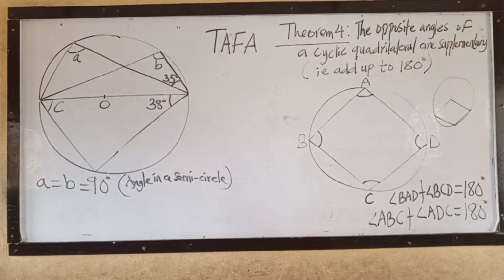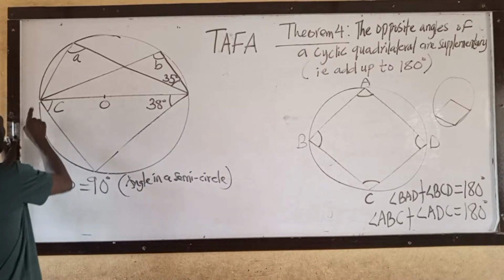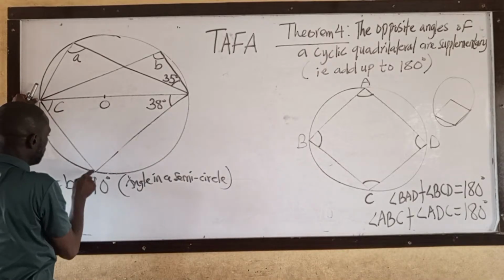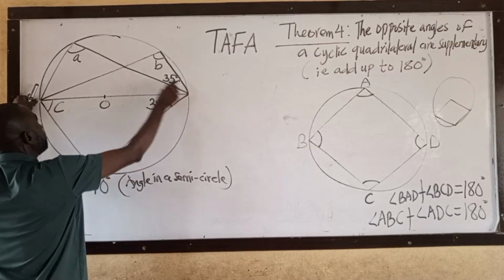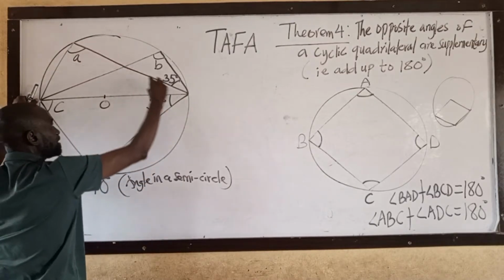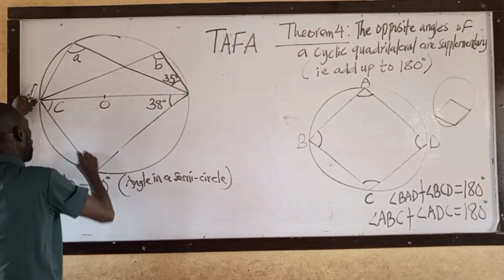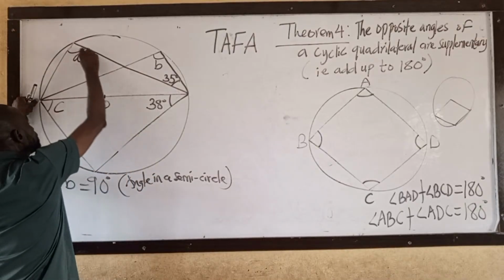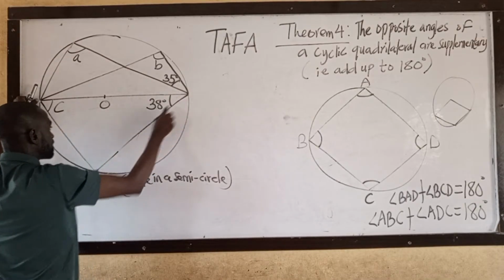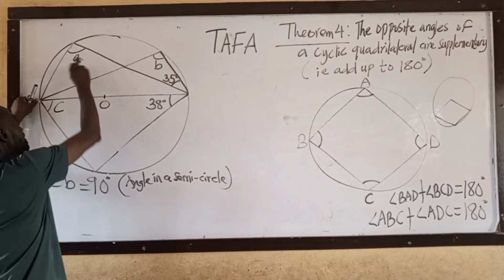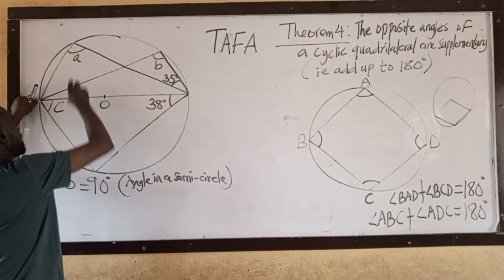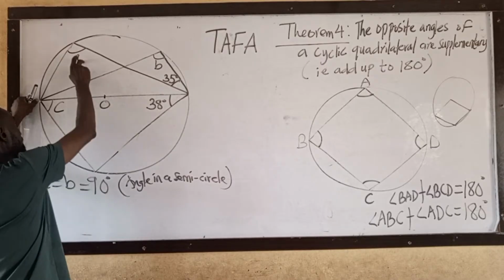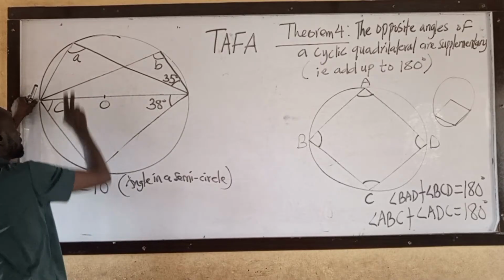Okay? Now look at this. This is a point here. This is a point here. This is a point here. This is a point here. So this is a cyclic quadrilateral. All the four vertices touch the circumference of the circle. So this and this one, they are opposite sides of a cyclic quadrilateral.